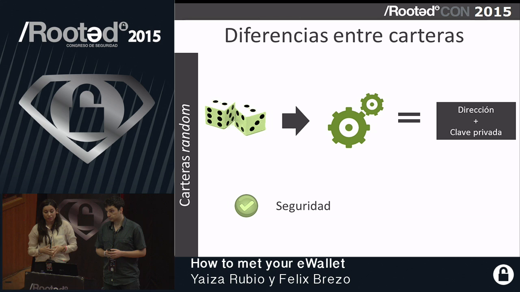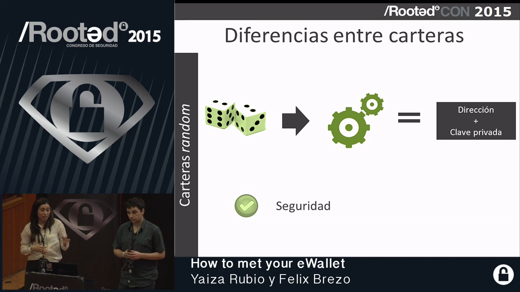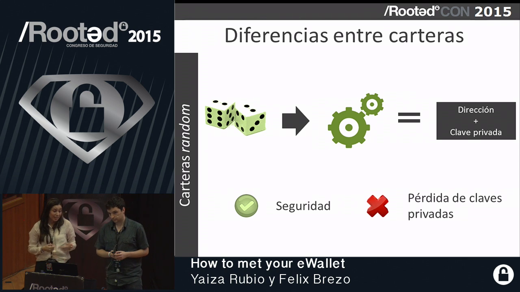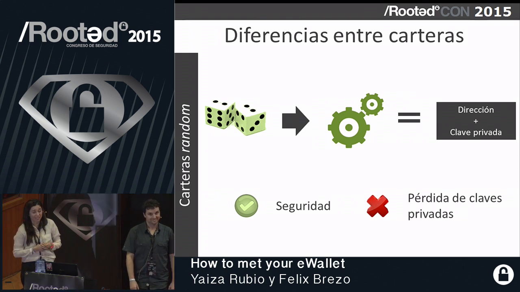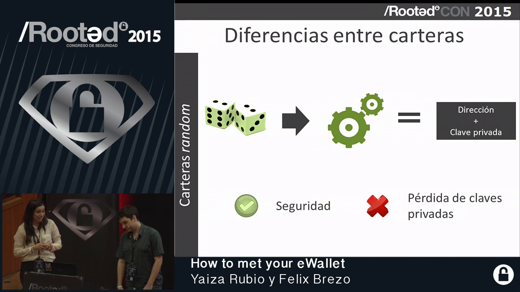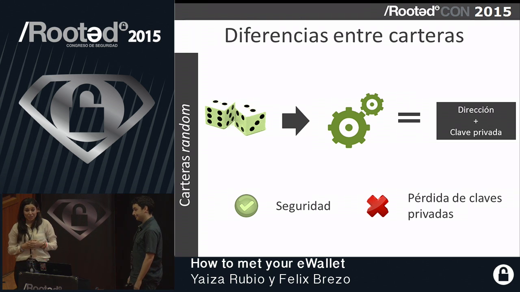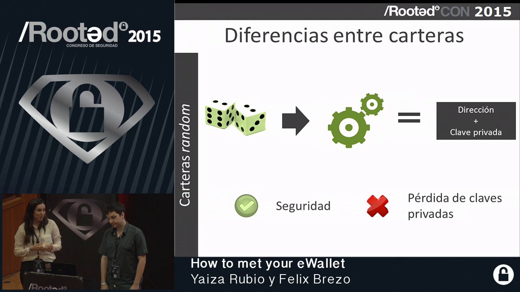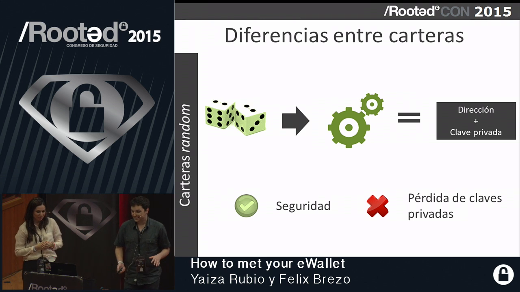These wallets are only as safe as the generator of random numbers, and the algorithm used to sign the transactions as well. The big drawback is you can lose the private password, and this guy lost around 40 cents of Bitcoin, and he cannot recover it for now.